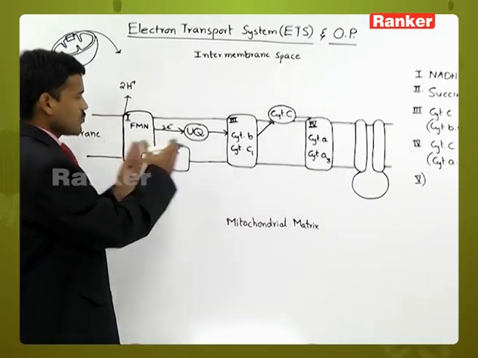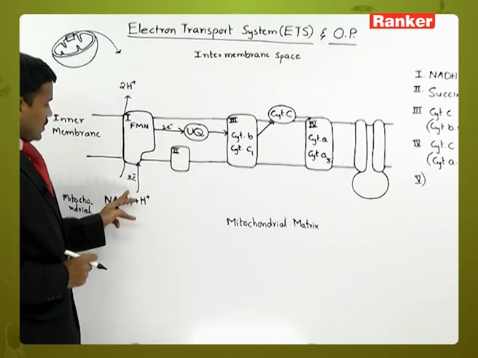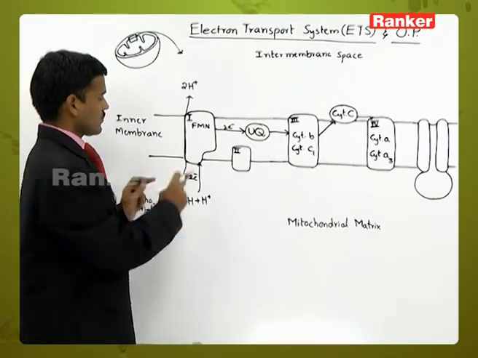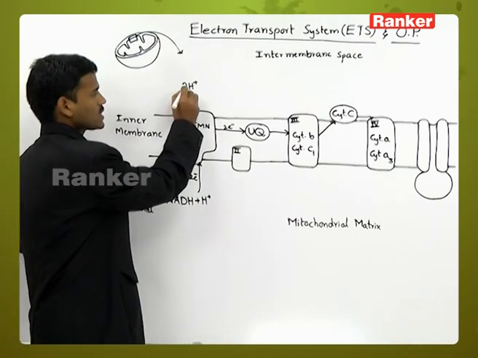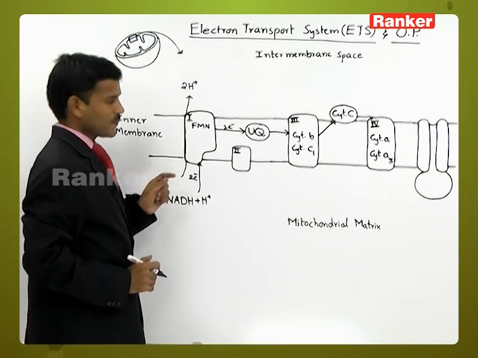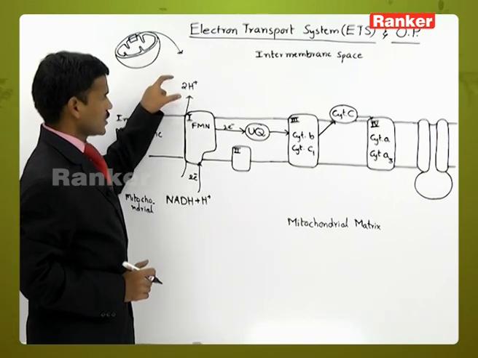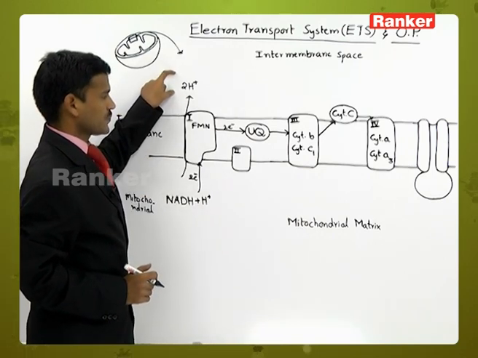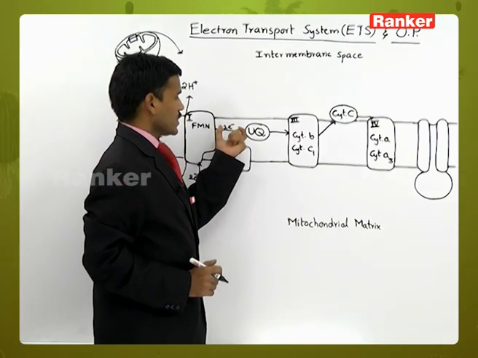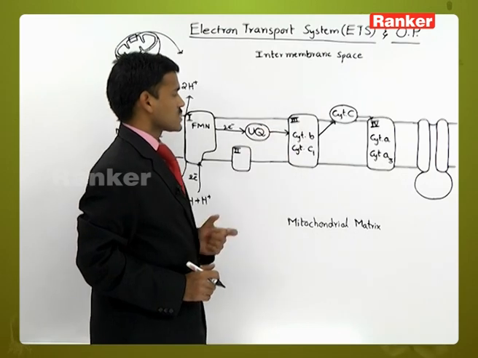When two electrons are moving from NADH2 to FMN, the first complex, two protons are moving from the mitochondrial matrix to the intermembrane space. So two protons are translocated. Next, two electrons are also moving from the first complex to the third complex.